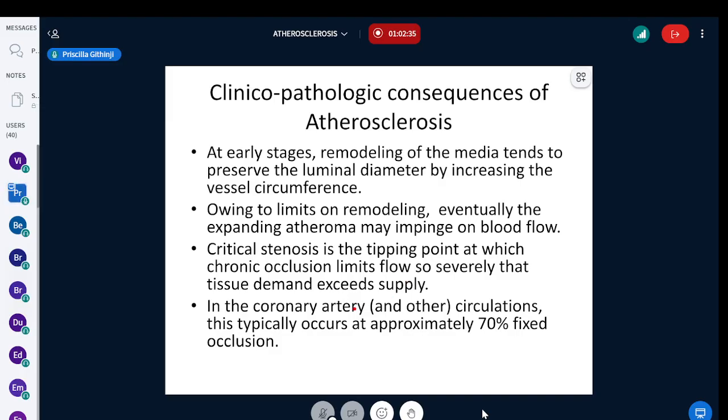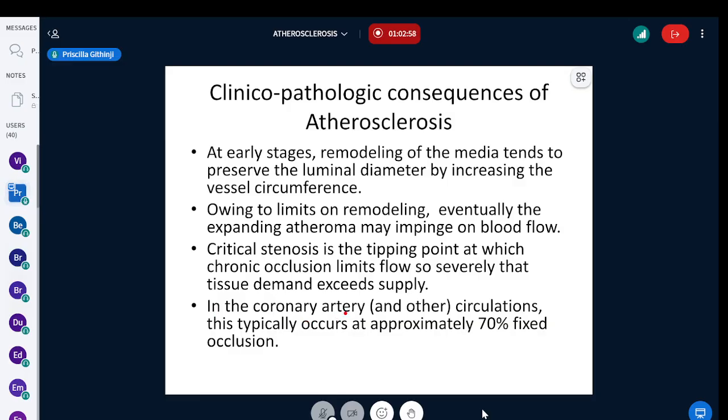Then you reach what is referred to as critical stenosis, and this is the tipping point at which chronic occlusion limits flow so severely that tissue demand exceeds supply, and therefore this patient will start presenting with symptoms. If this is in the heart, these patients are going to start having chest pains.